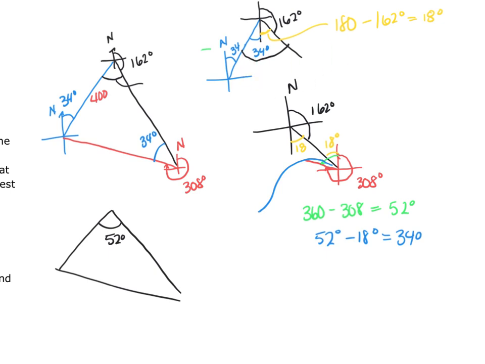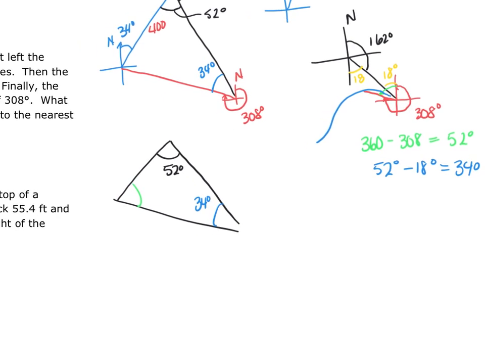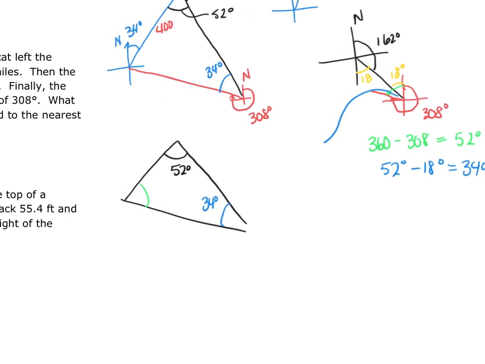We know this small little angle right here is 34 degrees, and I need to find this angle. We know this other side over here is 400. One way I can find the angle is by doing 180 minus the 52 minus the 34. That's going to give me that missing angle.